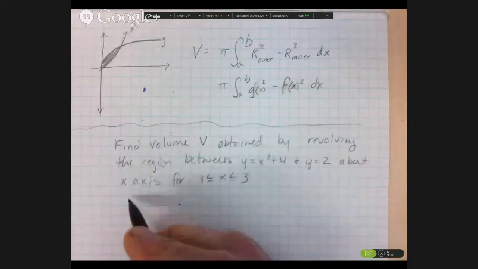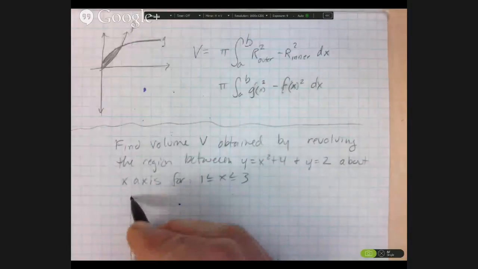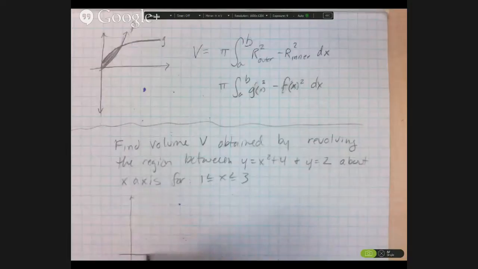Then you can just plug the equations in.